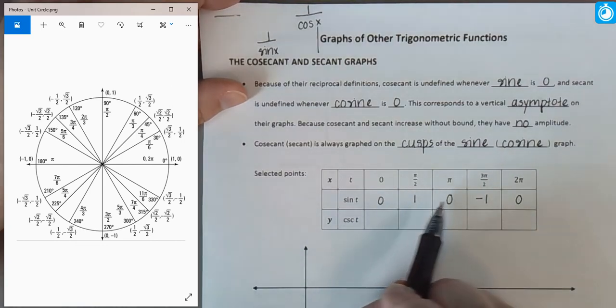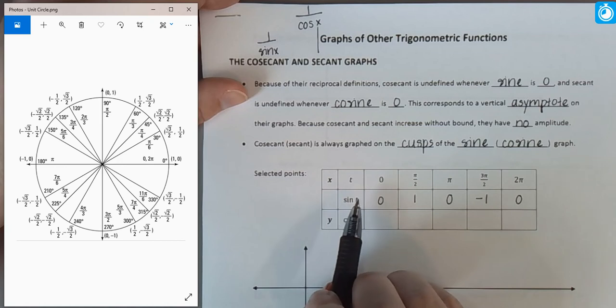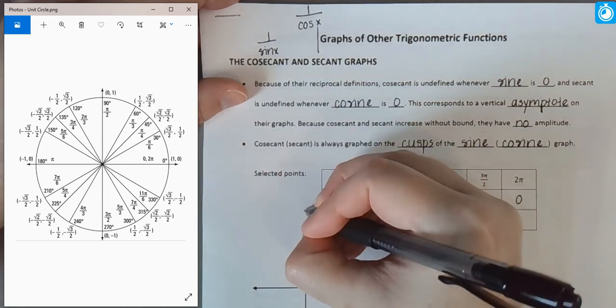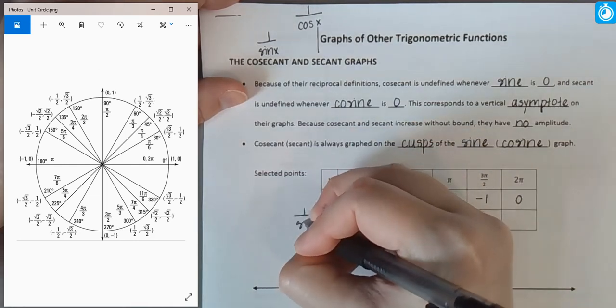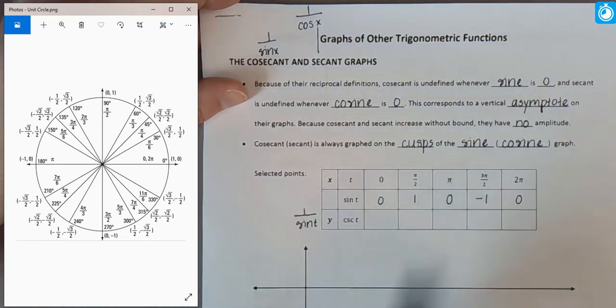Now these are not the actual values that we're going to graph though. From these, we want to get our cosecant. Cosecant is defined as the reciprocal of sine, so cosecant, which is 1 over sine of t.